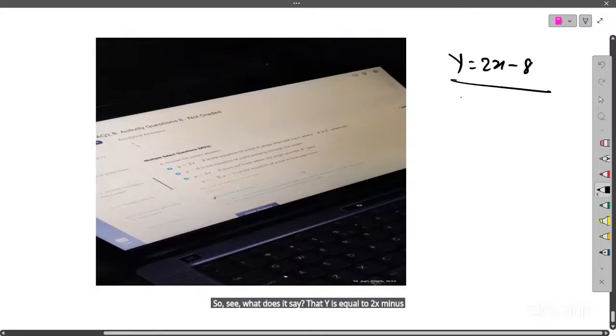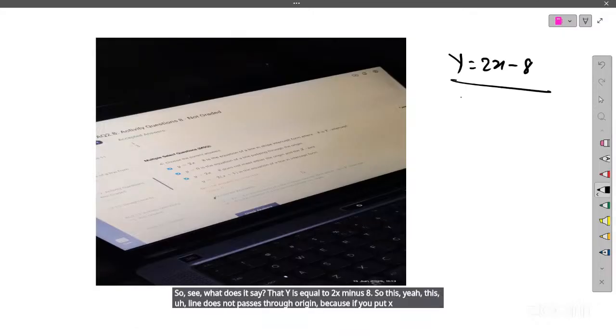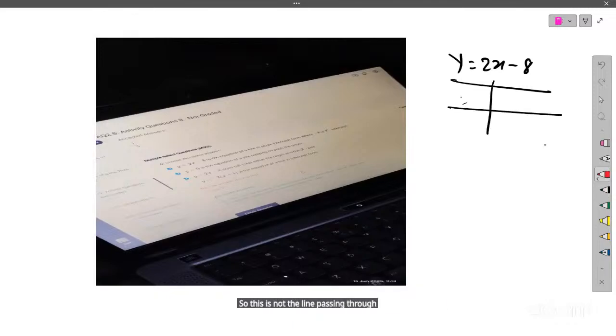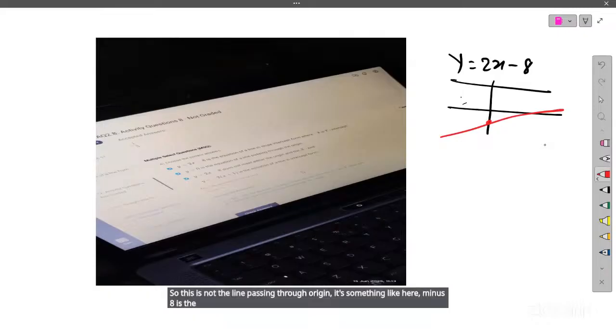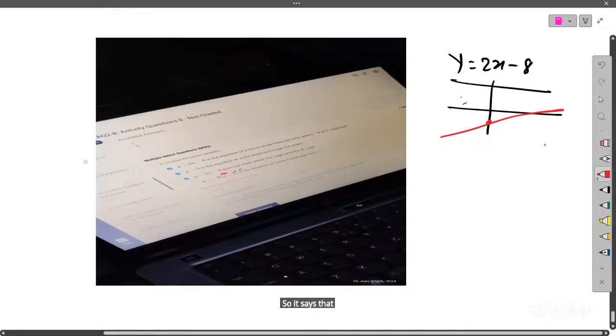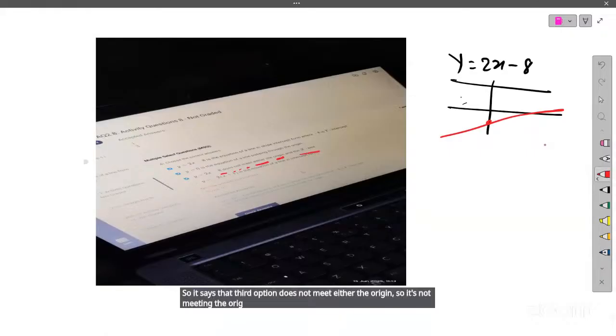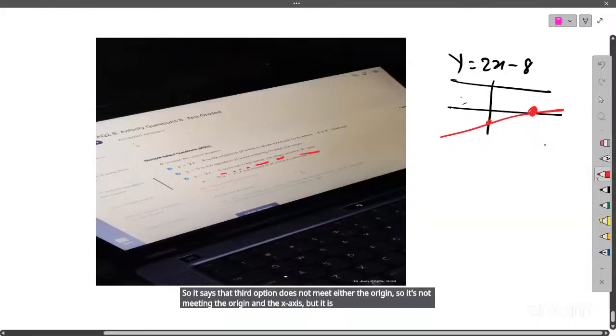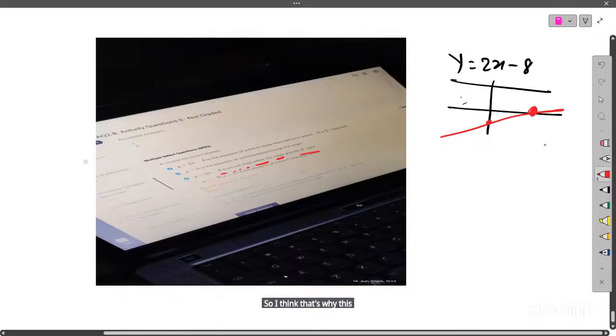This line does not pass through the origin, because if you put x equals 0, you will get y equals minus 8. So minus 8 is the y-intercept. It says the line does not meet the origin and the x-axis, but it is meeting the x-axis. So I think that's why this option is not correct.